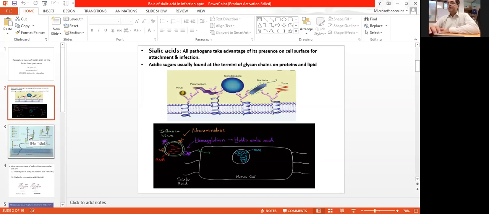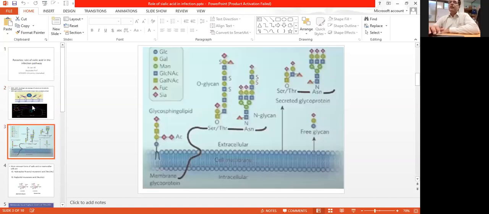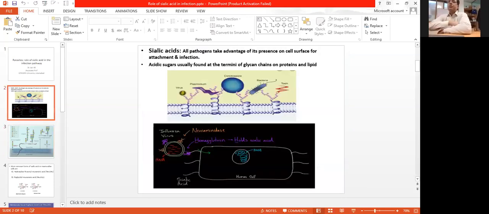This is a really interesting phenomenon, because these sialic acids are also a kind of differentiator of animal cells from plant cells and other types of cells.